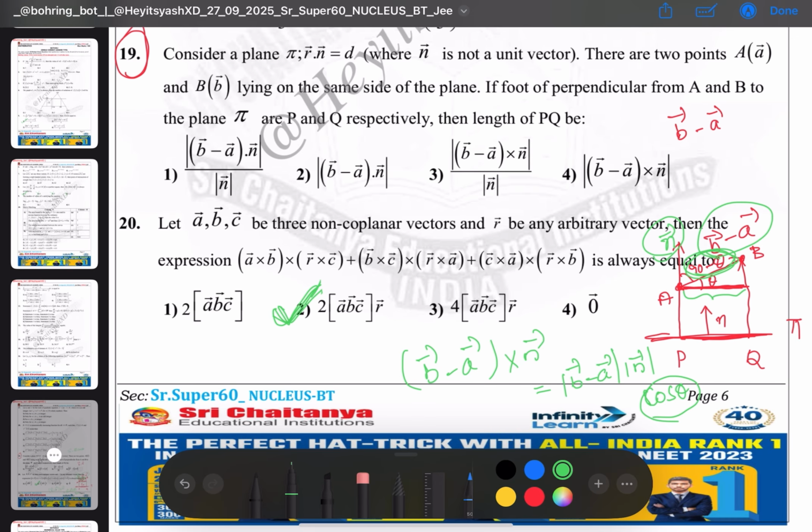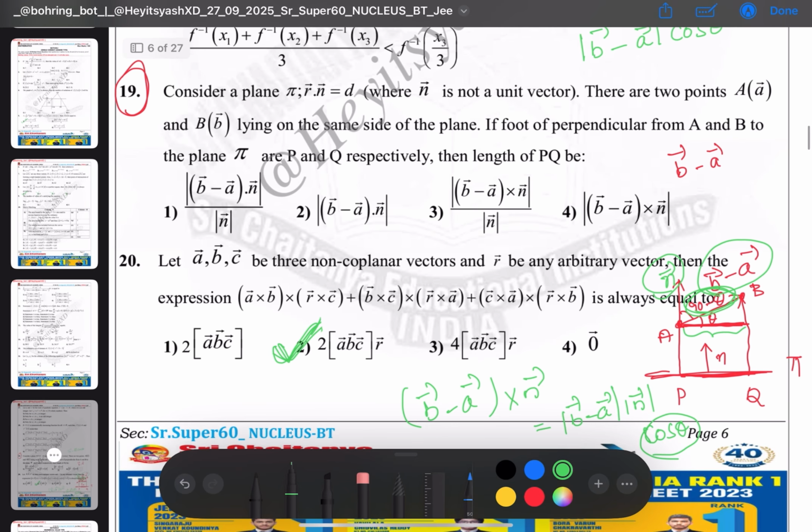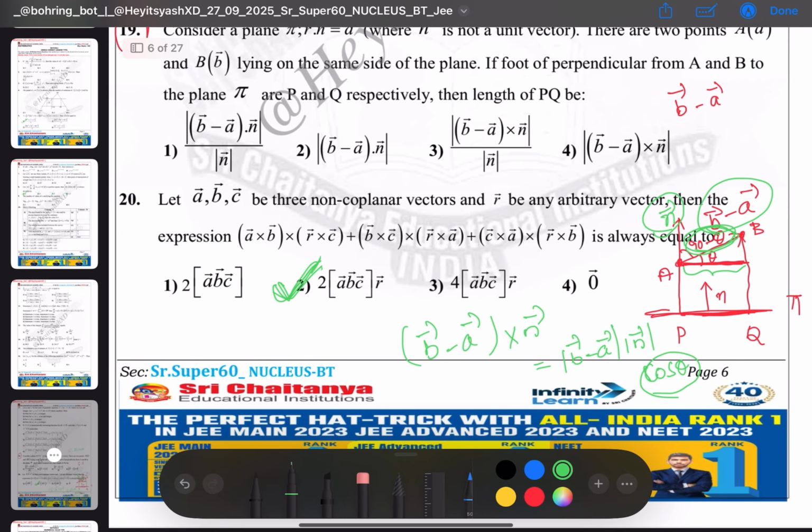So your cos theta will be B bar minus A bar cross N bar upon the magnitude of mod B bar minus A bar, by mod N bar. So this will be your cos theta.